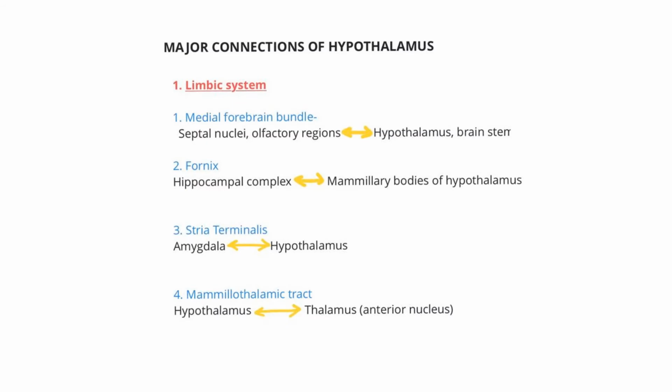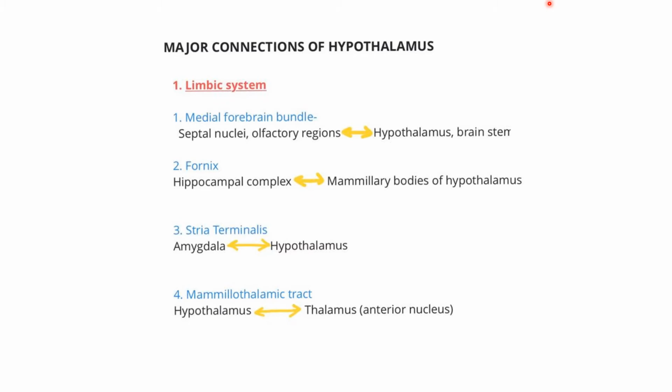Finally, we have the mammillothalamic tract. It connects the hypothalamus with the thalamus, the anterior nuclei. It arises from cells of both the medial and lateral nuclei of the mammillary bodies, and is directly continued from the fornix.